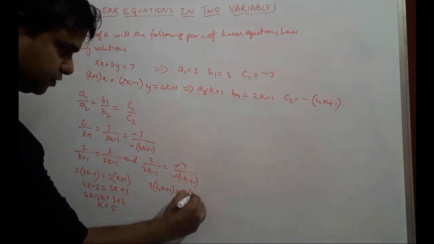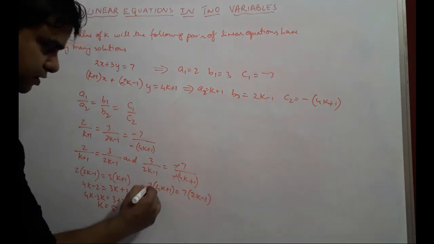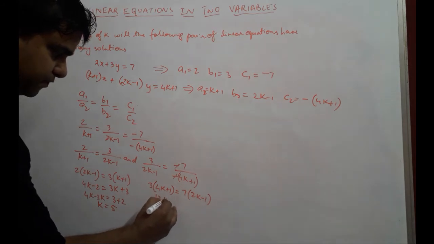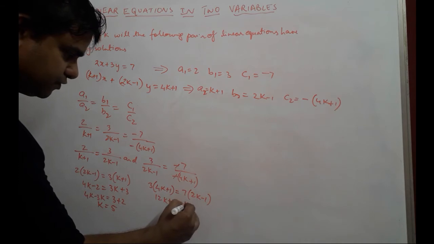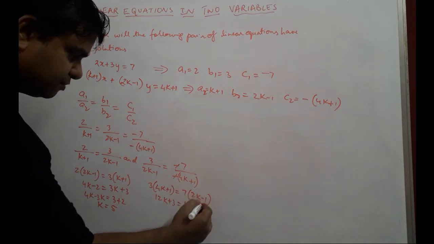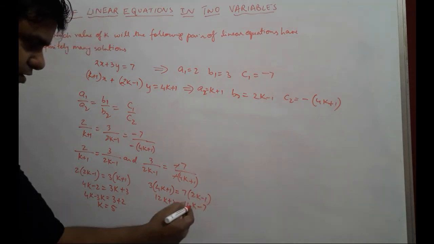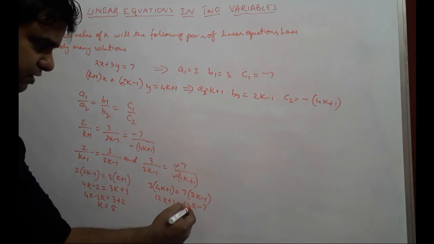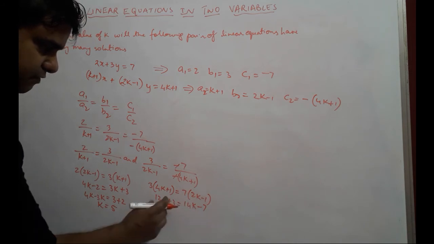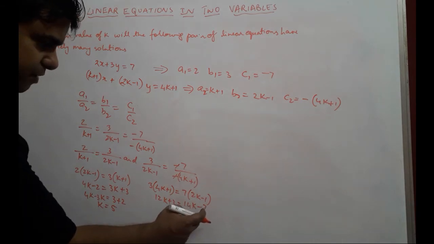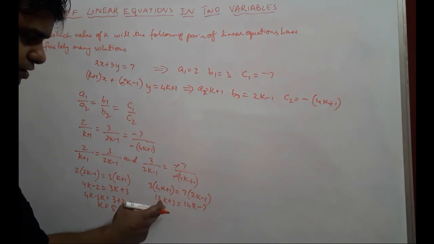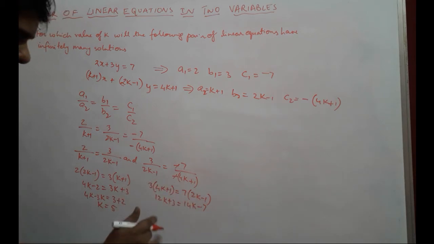So 7 into 2k minus 1. 3 into 4k is 12k, 3 into plus 1 is plus 3, 7 into 2k is 14k, 7 into minus 1 is minus 7. We keep 14k on this same side, and we'll take 12k on this side, so it becomes negative, and we'll take minus 7 on the left hand side so that it becomes positive. So this is to avoid the negative sign.